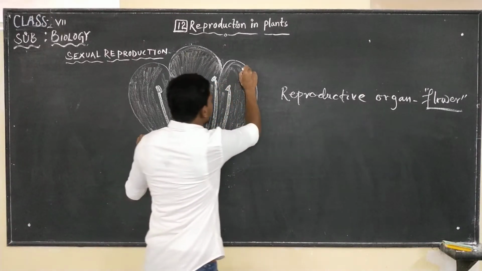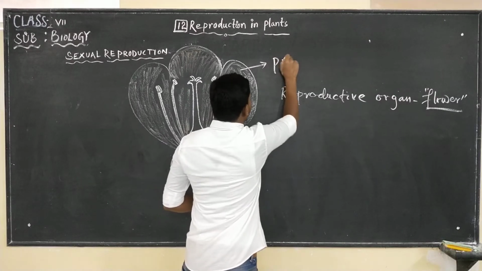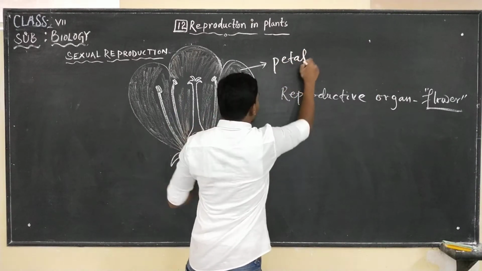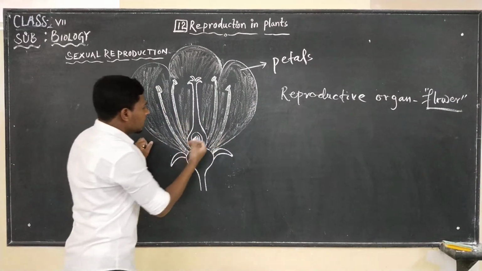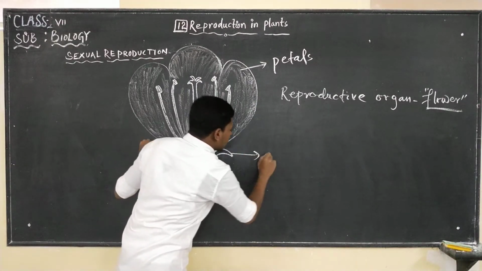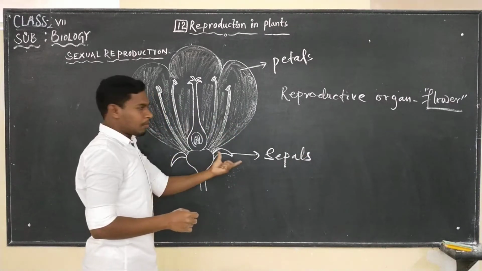Now, this is known as petal. All these are known as petals, and these two are sepals.